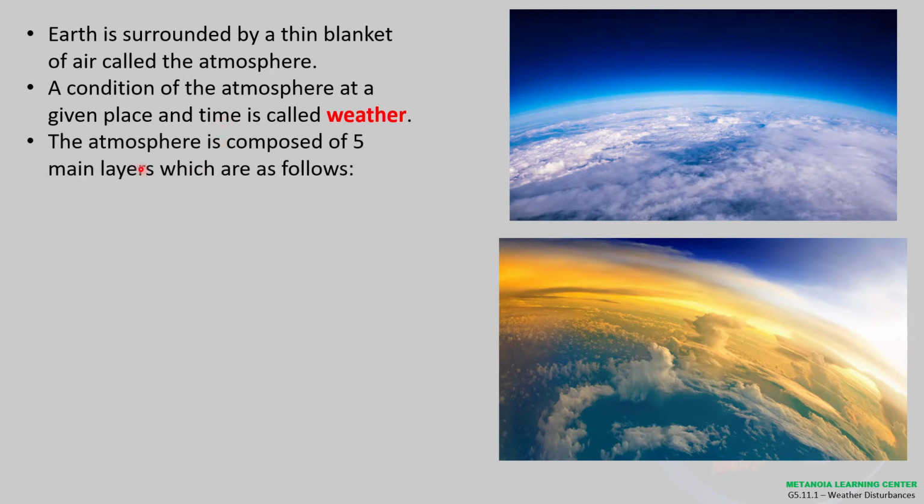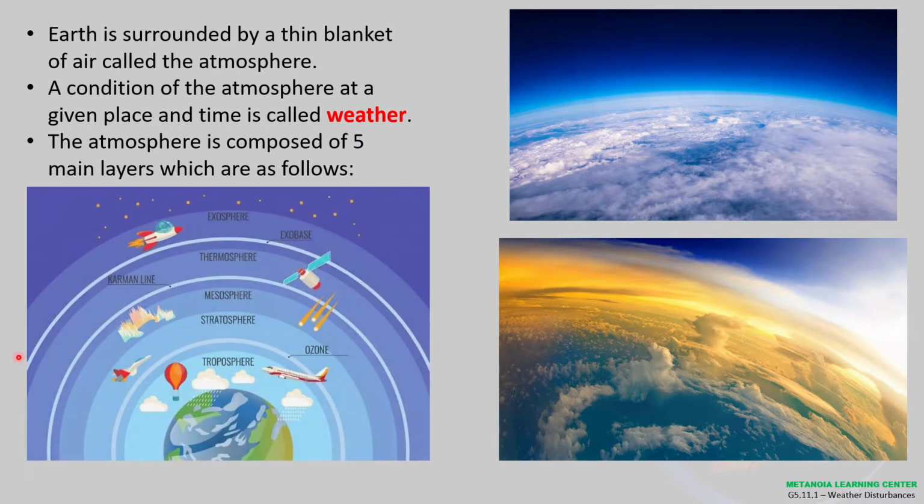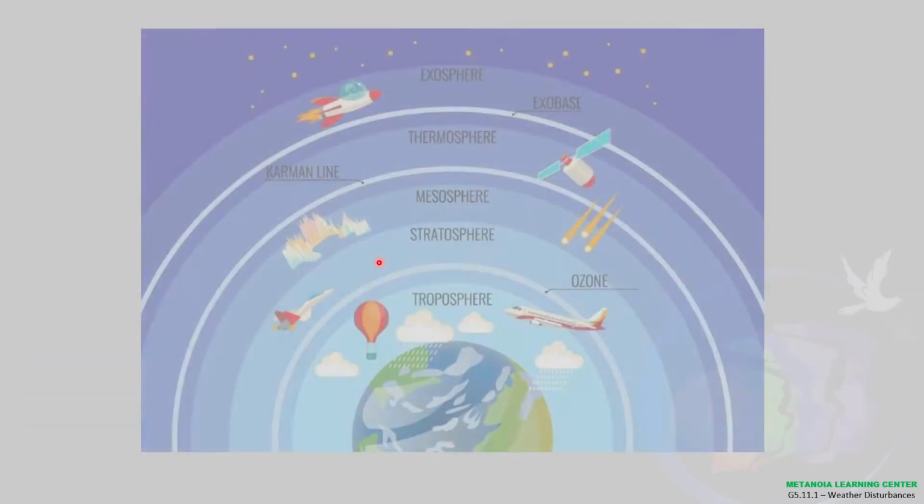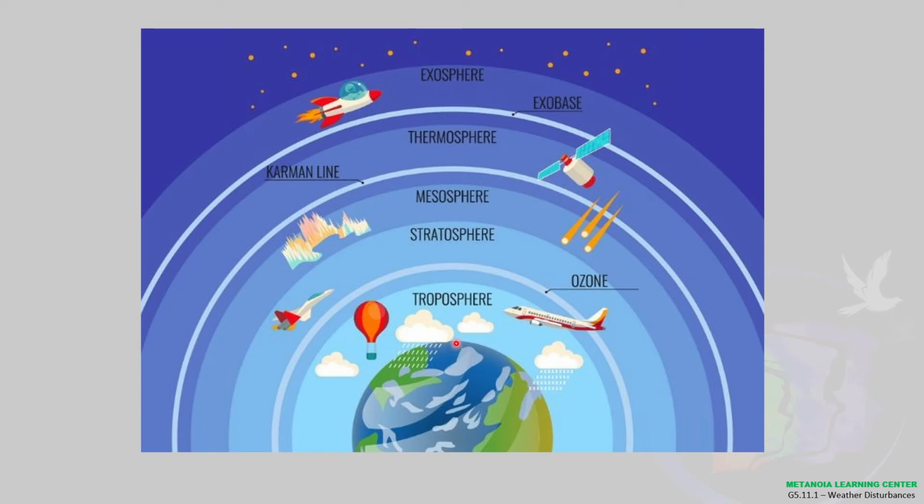The atmosphere is composed of 5 main layers which are as follows. Okay, so kung mapapansin ninyo, meron tayong troposphere, the lowest, stratosphere, mesosphere, thermosphere, and the exosphere. Okay. So kung makikita ninyo sa troposphere, by observing the diagram, you can see that there are clouds, hot air balloon, and mga commercial planes natin.